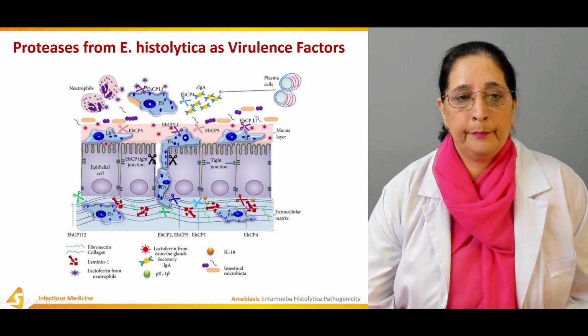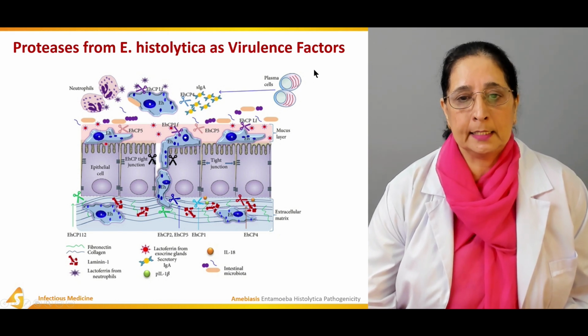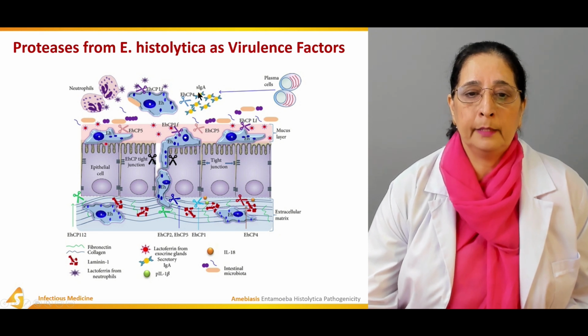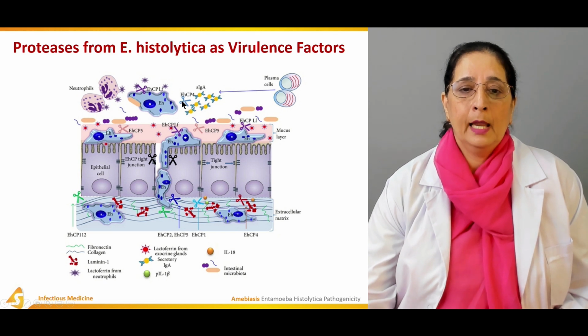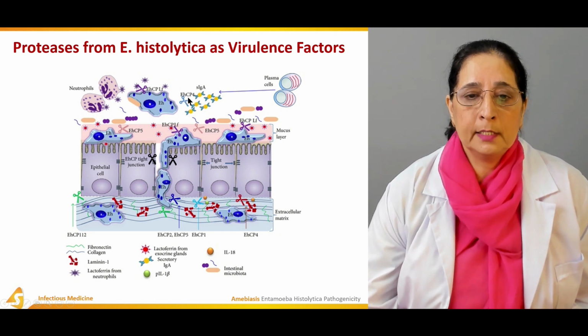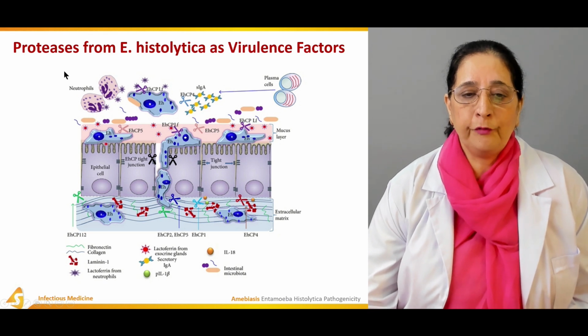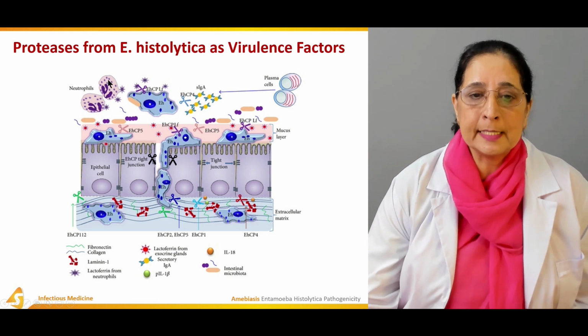So we have the proteases, the plasma cells, and from the plasma cells we have immunoglobulin A, then the Entamoeba histolytica proteases released, then we have neutrophils. All these are different inflammatory cells present.